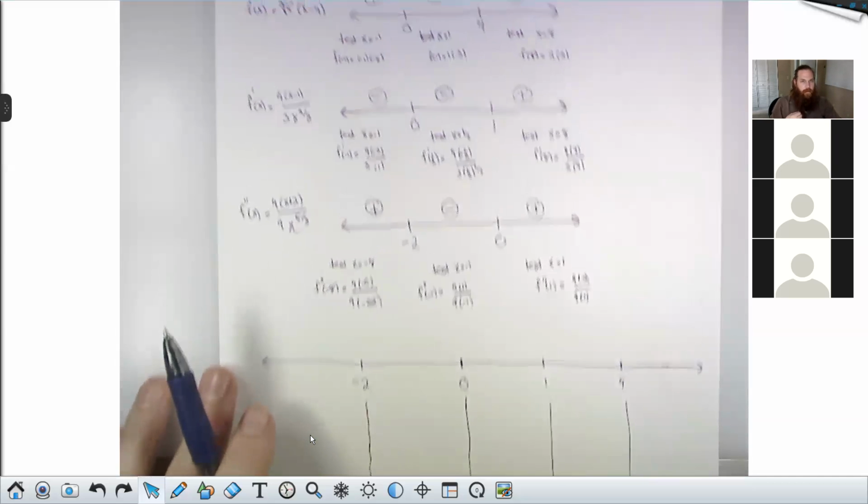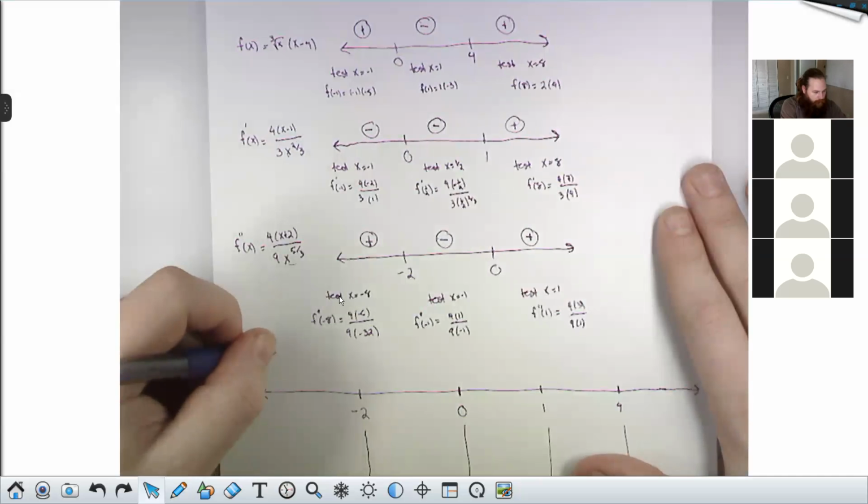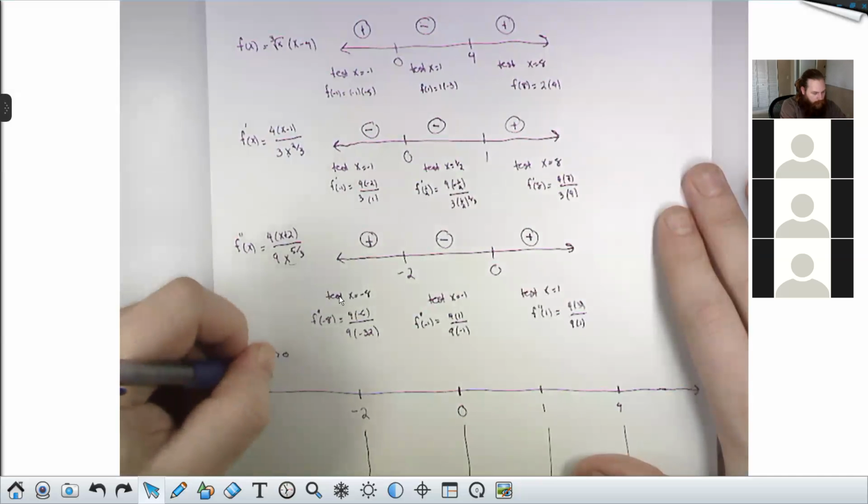So from negative infinity to negative 2, f is definitely positive because f is positive everywhere to the left of 0. F prime is definitely negative because f prime is negative everywhere to the left of 0. And f double prime is positive. So over here, f is greater than 0, f prime is less than 0, and f double prime is greater than 0.